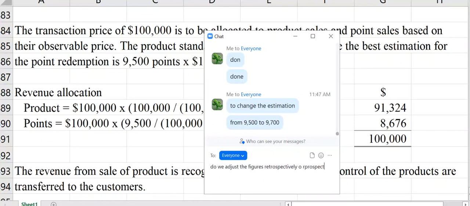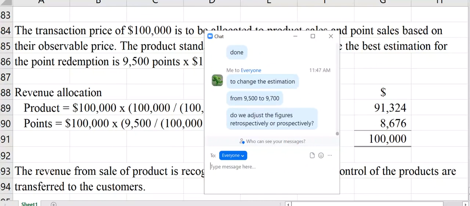Wait, I'm typing something here. So this is my question to you. To change the estimation, changing the points from 9,500 to 9,700, do we adjust the figures retrospectively or prospectively?